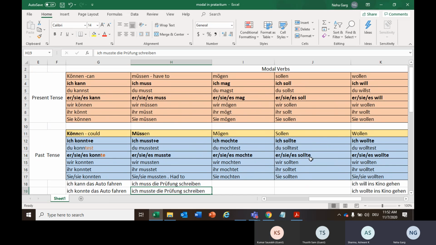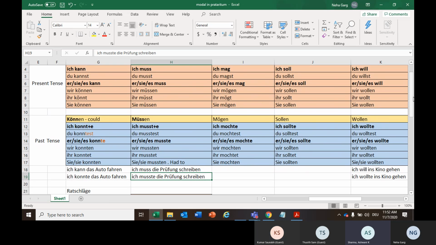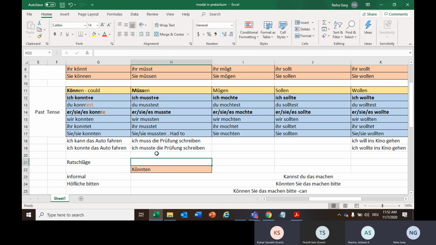Or can we say, I must have written the exam? Does it make any sense here? I must have written the exam, Ashwini. That will become like present perfect tense. So then it will be ich hatte die Prüfung geschrieben.